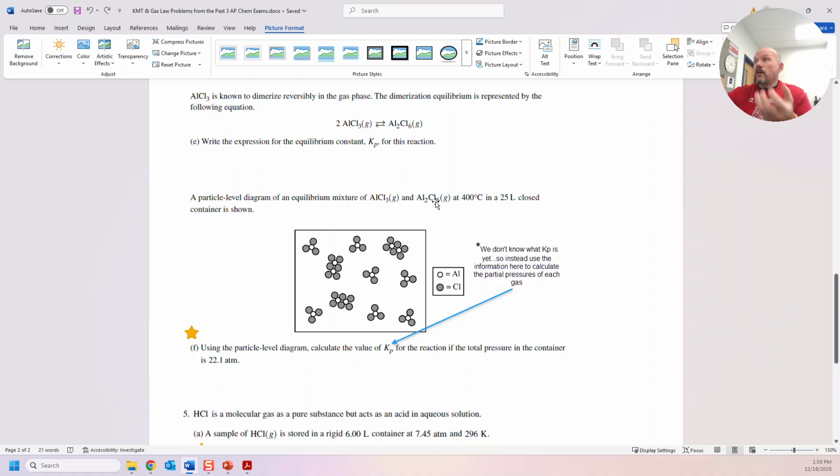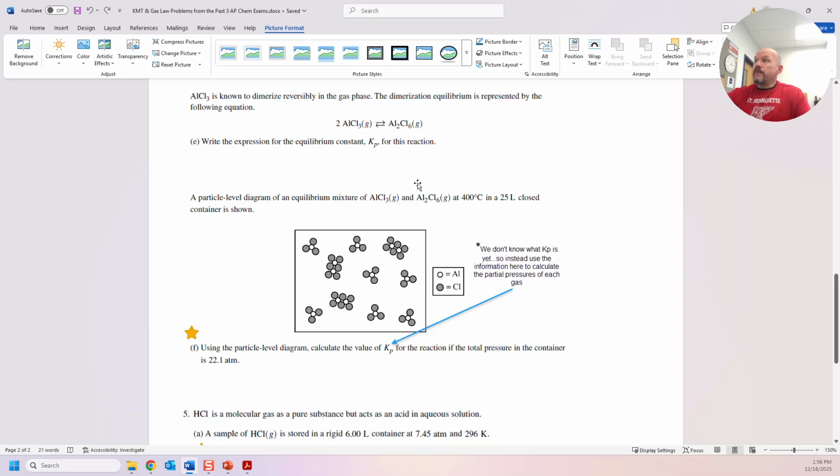Now remember, it's based on the mole fraction. But you don't need to know moles, because a mole fraction is the same thing as a particle fraction. So all we have to do is take the mole fraction of AlCl3 in the mixture and multiply it by the total pressure. Then we can do the mole fraction of Al2Cl6 multiplied by the total pressure, and that'll give us the partial pressure of that one.